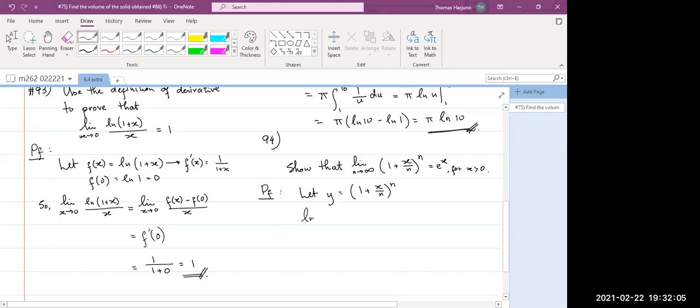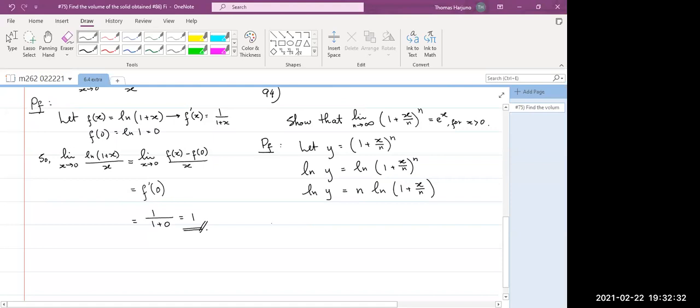So natural log of y equals natural log of (1 plus x over n) to the n. On the right hand side is n times natural log of 1 plus x over n. That's what our natural log of y is.